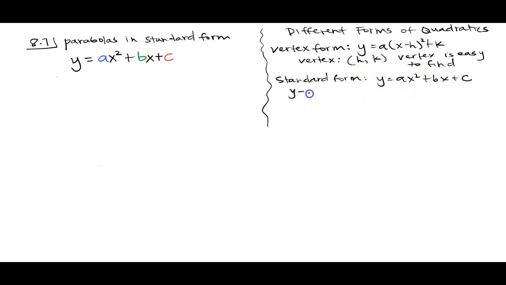Our y-intercept is going to be that c value: 0 comma c. Whatever that c value is, that gives me my y-intercept. So again, the y-intercept is easy to find.